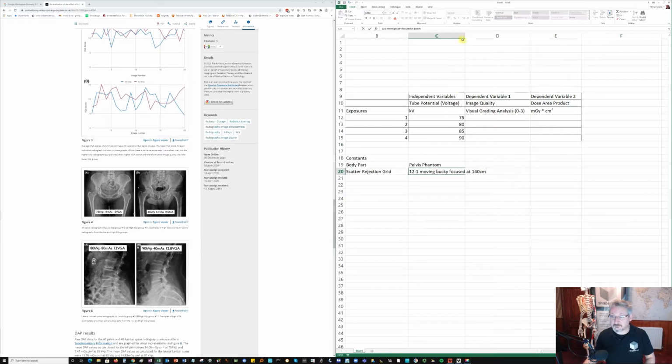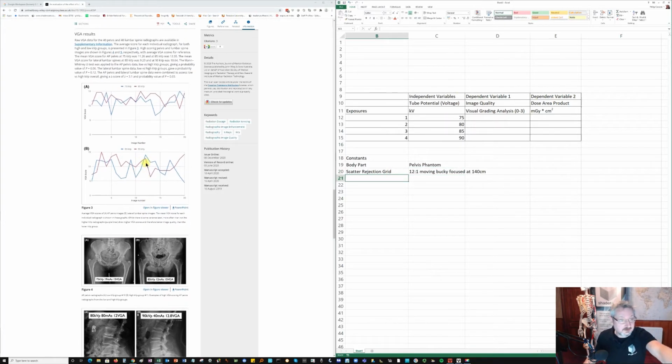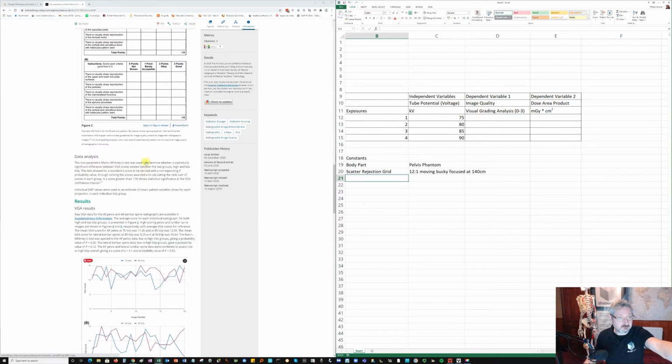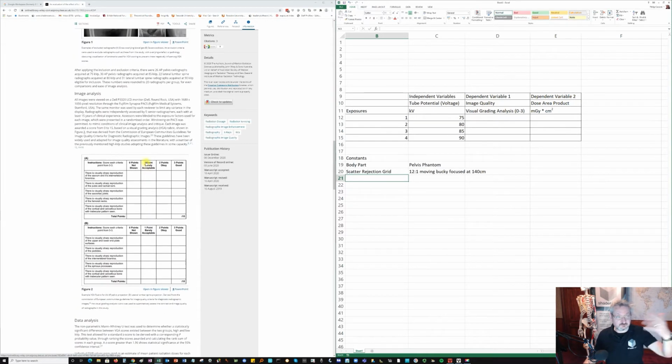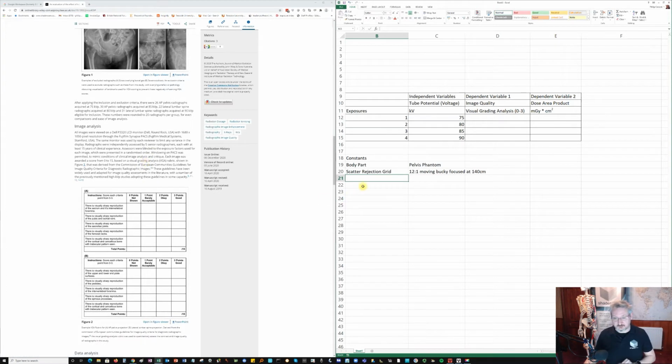I think that's the one that we've got in the bucky. Now they will probably, in here somewhere, if we read it carefully, tell us exactly what they used, because that's what you do if you're writing a scientific paper. You have to make sure that we know what's going on in there.